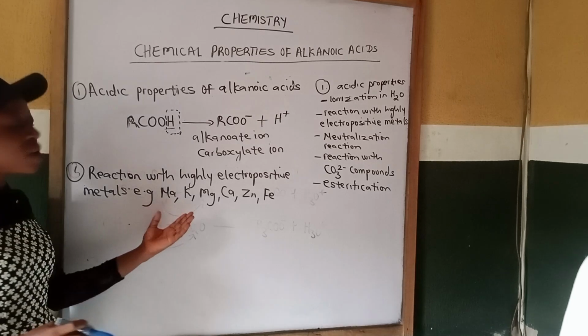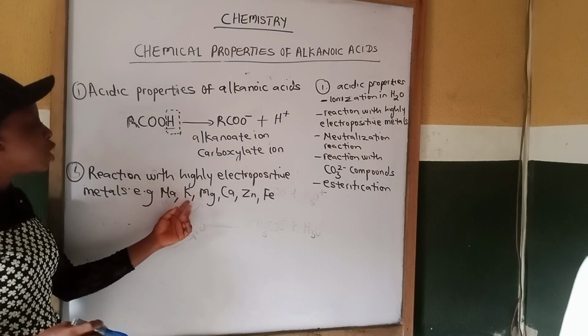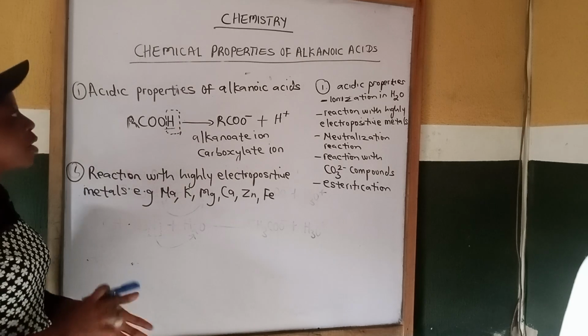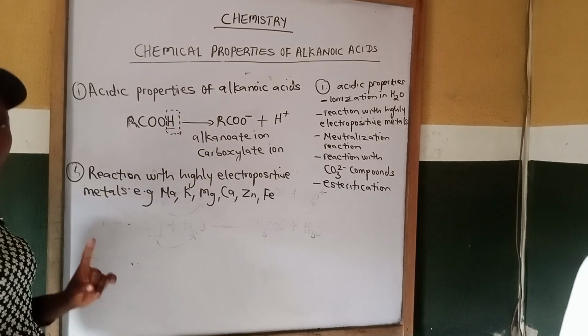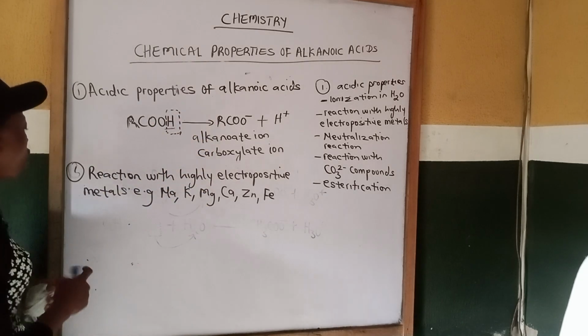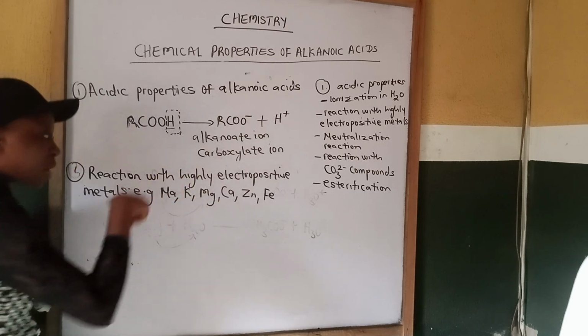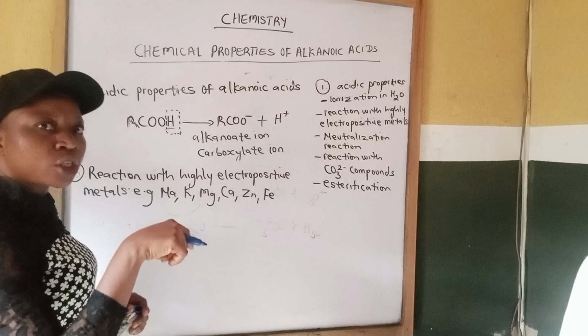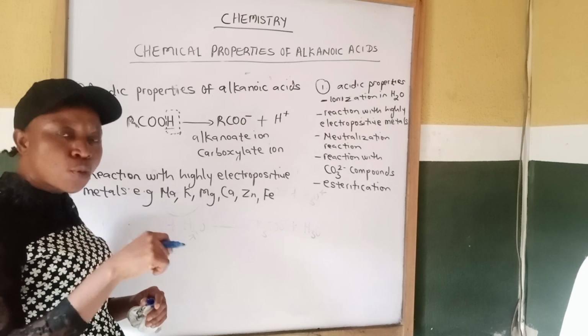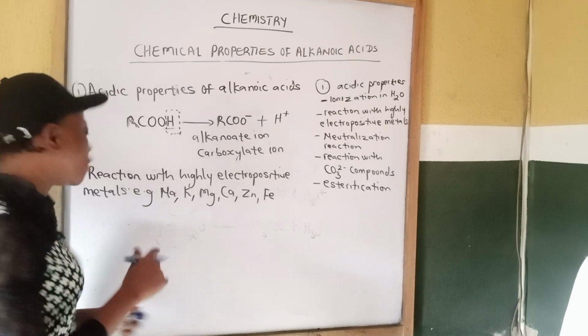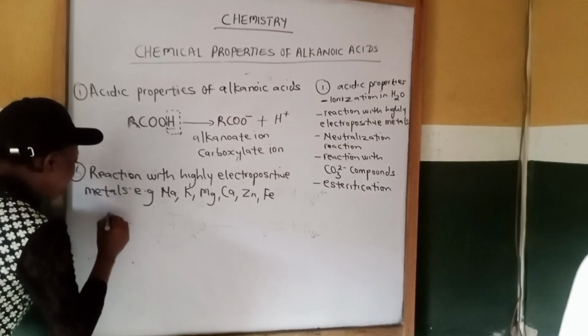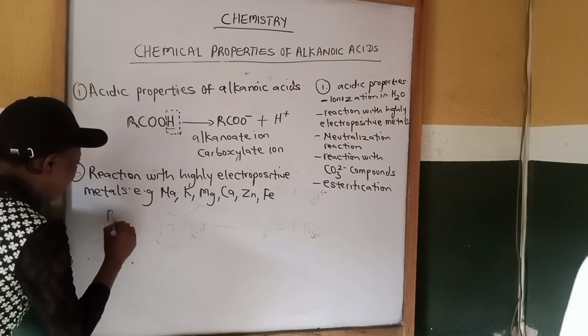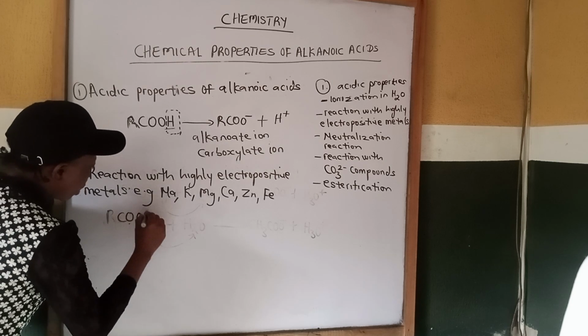The same thing is applicable to this chemical reaction, because alkanoic acid is an organic acid. So likewise, metals will displace hydrogen from the carboxyl group and occupy the position of that hydrogen. So let's take the general formula of alkanoic acid, which is RCOOH.